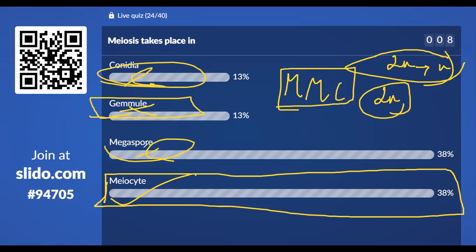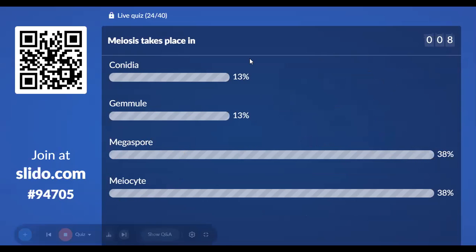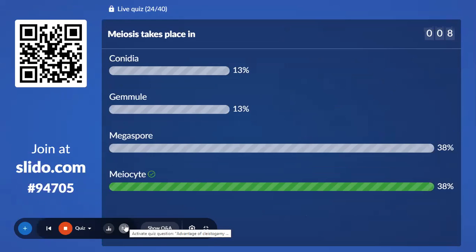Conidia, asexual spore. What is megaspore? Megaspore is haploid, right? N undergoes division to have what structure? Will it form N by 2? No, it will not. So the correct answer for this question is meiocyte. Such a simple answer. I hoped for 100% answering this question and only 38. Very good.